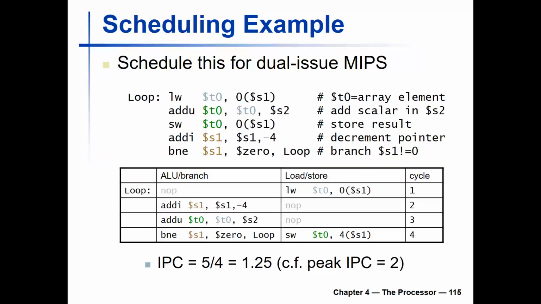Now, here's an example of a code that I am running. Basically, I have an array of data. I need to read this into a register, I think it's T0, and add to it a constant, which is in S2, I'm sorry, it's in S2, and then store the value back to where I read it.